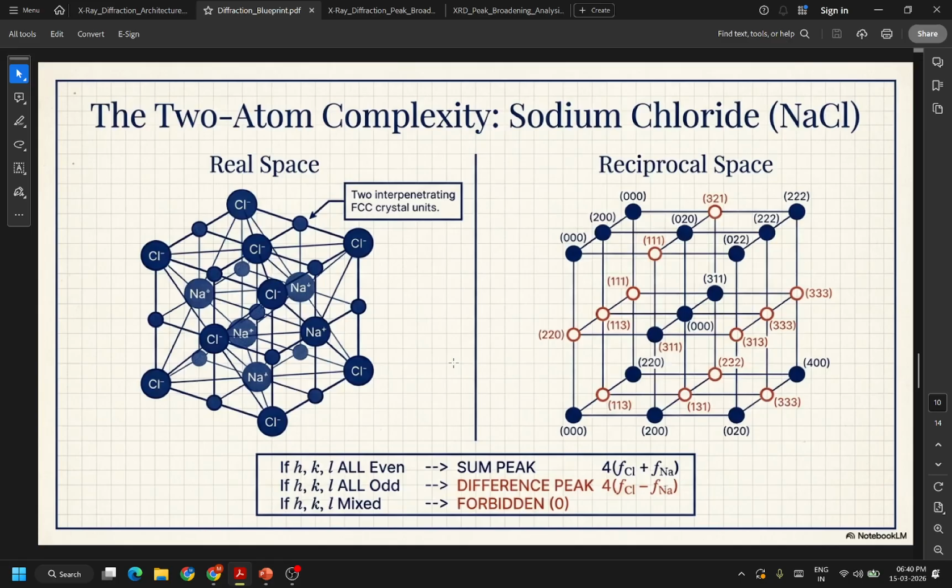If you calculate the structure factor of this, you will find that if HKL are all even, then there will be a sum of the peaks, that is 4 times F_Cl plus F_Na. If they are all odd, then there will be a difference peak, that is 4 times F_Cl minus F_Na, which will be reduced intensity. And if HKL are mixed, that means a mixture of odd and even, then that will result in a forbidden peak, because both the Na lattice and the Cl lattice will cancel out the intensities.